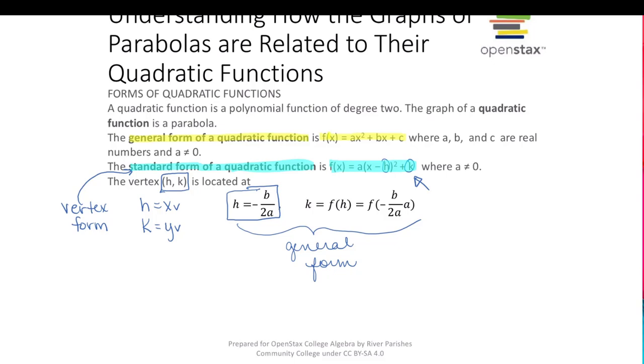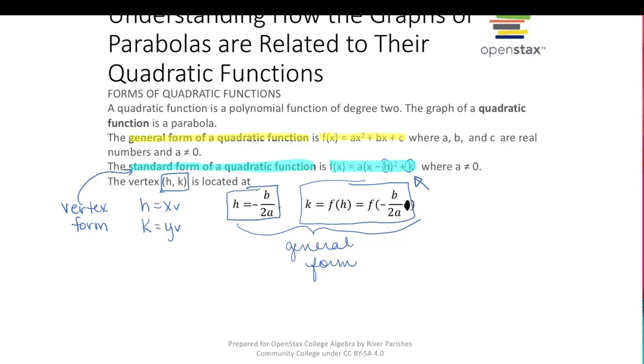If you want to find k, which is the y coordinate of the vertex, then once you find h by doing negative b over 2a from the general form, you substitute whatever you found for h into the function. So you substitute your negative b over 2a into the function for x, and you solve, and that will give you your k. And then you will have your vertex, because the vertex is h, k.